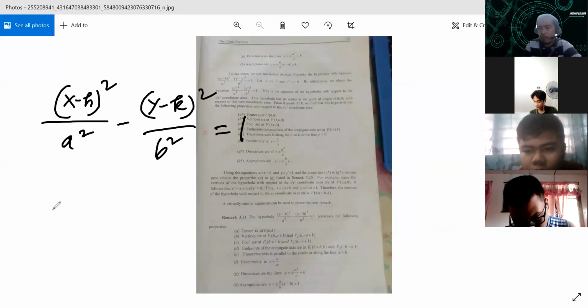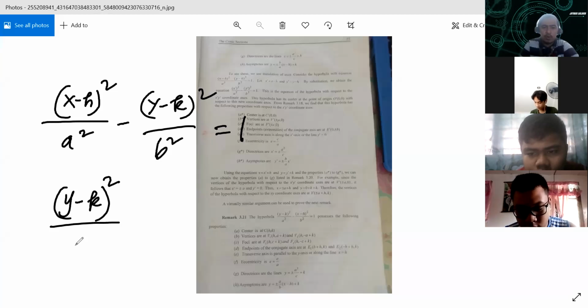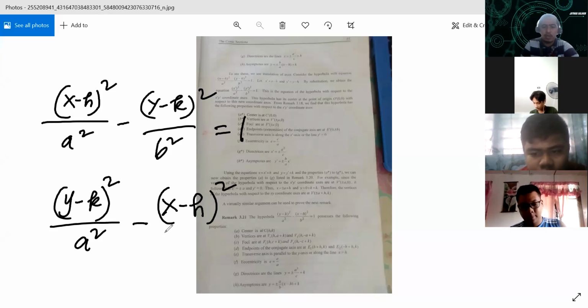That is the one I graphed earlier. But if your transverse axis is along y, it will be given by y minus k quantity squared all over a squared minus x minus h squared over b squared equal to 1.